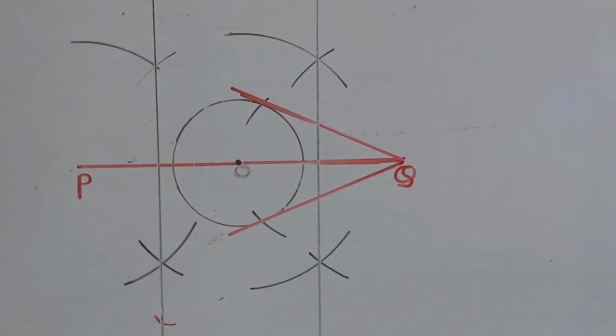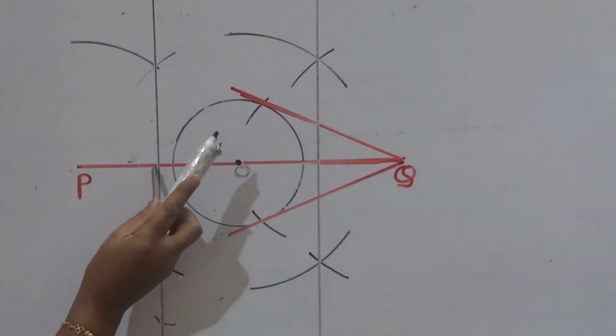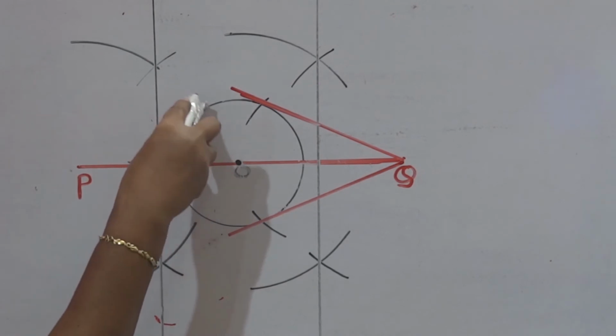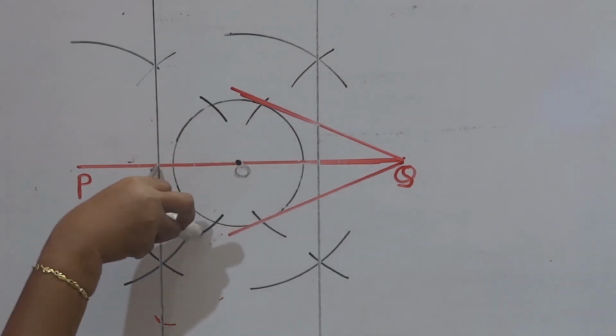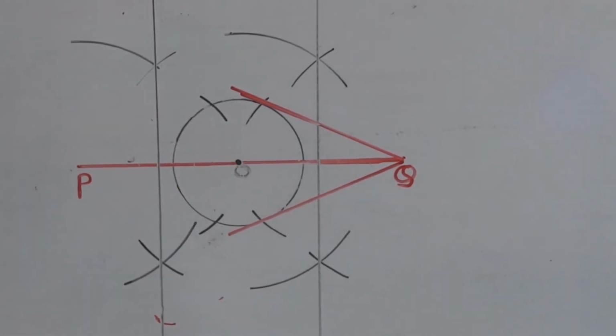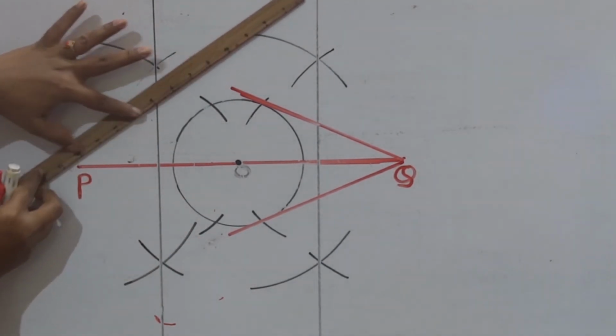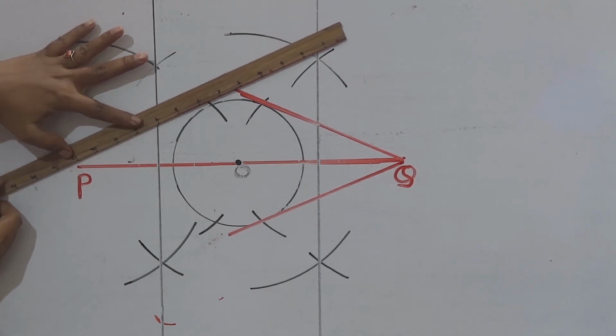This will give us the midpoint. Now, keeping the needle at the midpoint, taking the distance between the midpoint and the center, make arcs on the circle. Now, by joining the point to these 2 arcs, we will get our tangents.